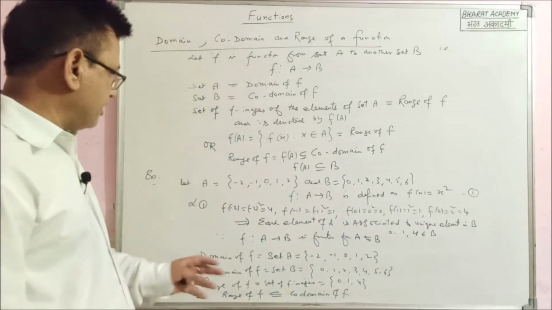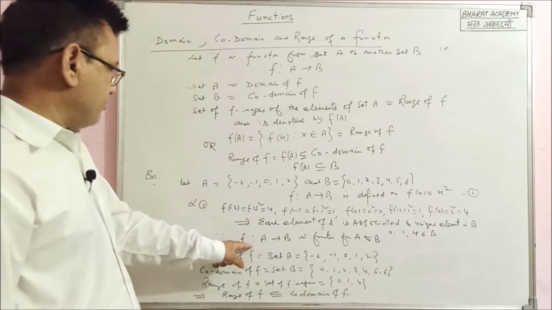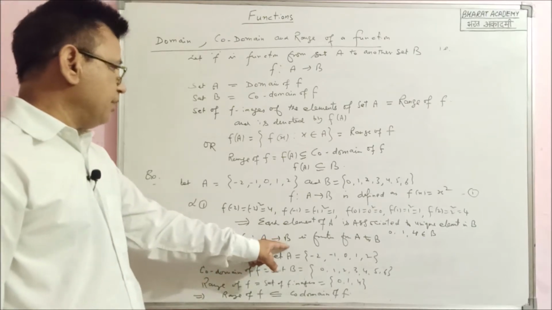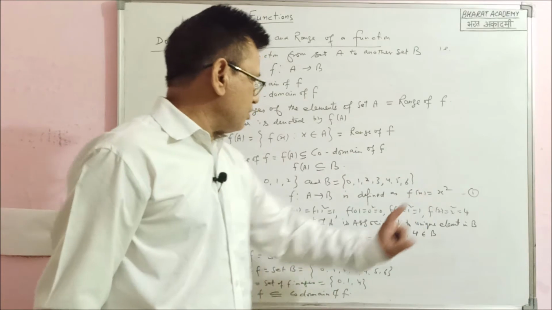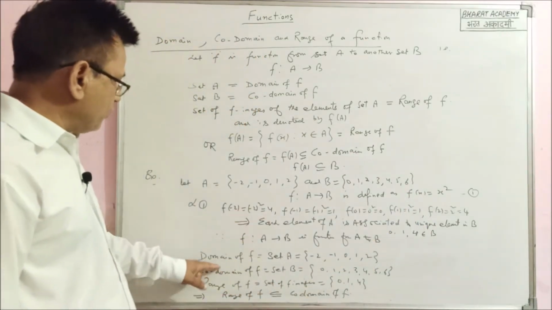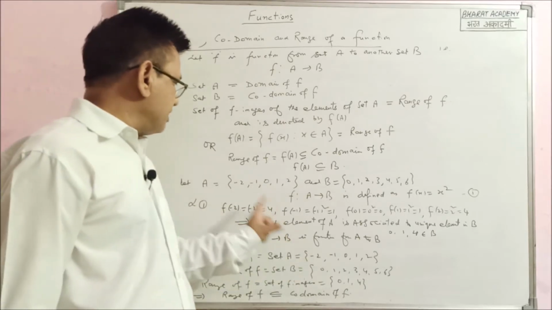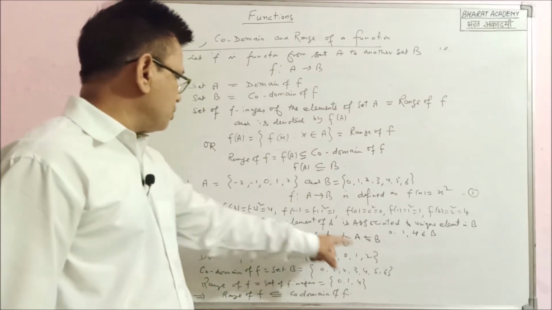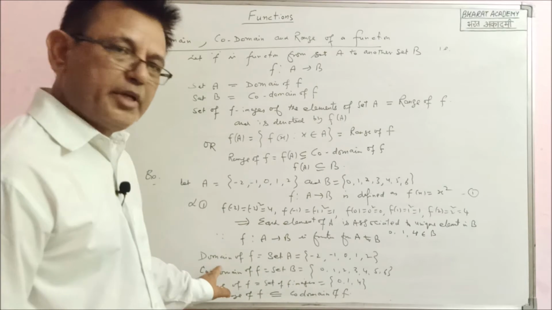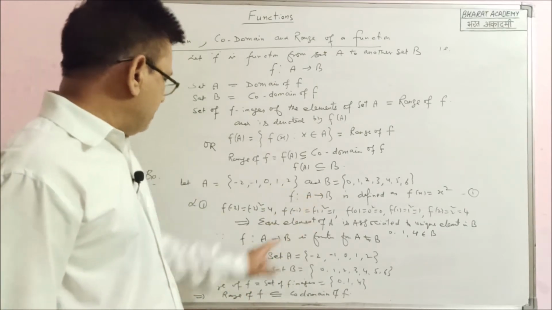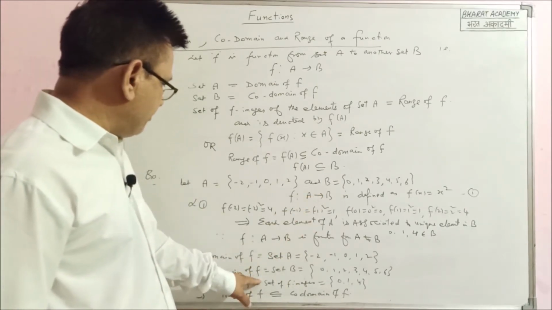Here, since f is a mapping from A to B, defined like this, f(x) equal to x square, on this basis the domain of this function will be set A. Set A means which contains -2, -1, 0, 1, 2. This is your domain. Set B, what is the codomain of the f function?